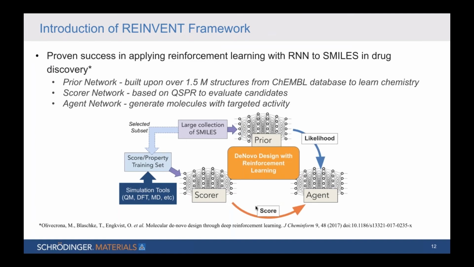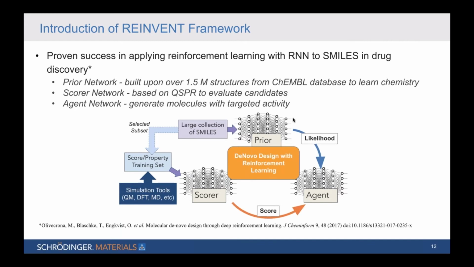So now let's go back to our machine learning part. The generative machine learning model we used in this study is based on a previous publication in the drug discovery space. It's called the REINVENT framework.